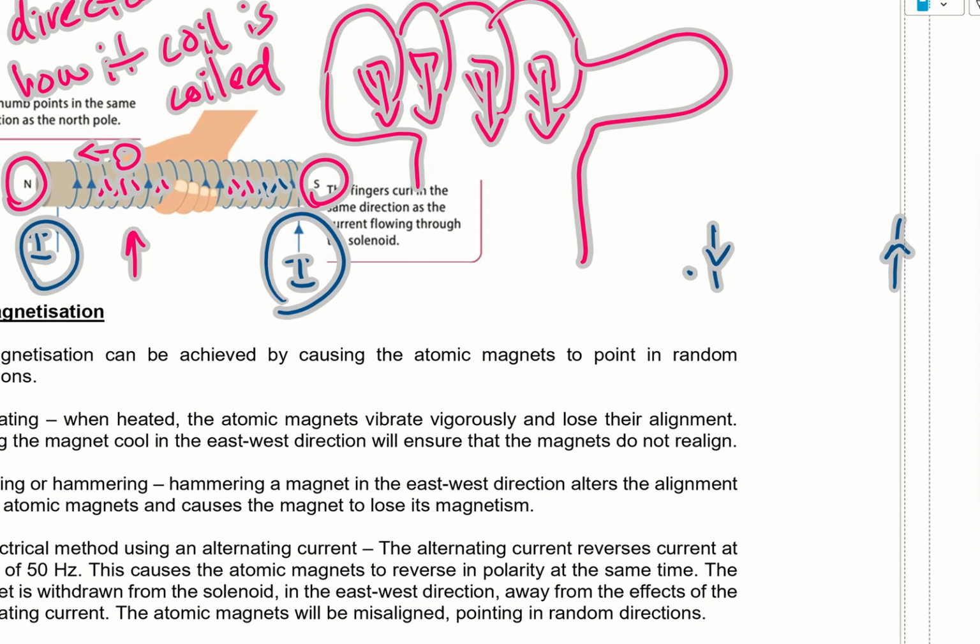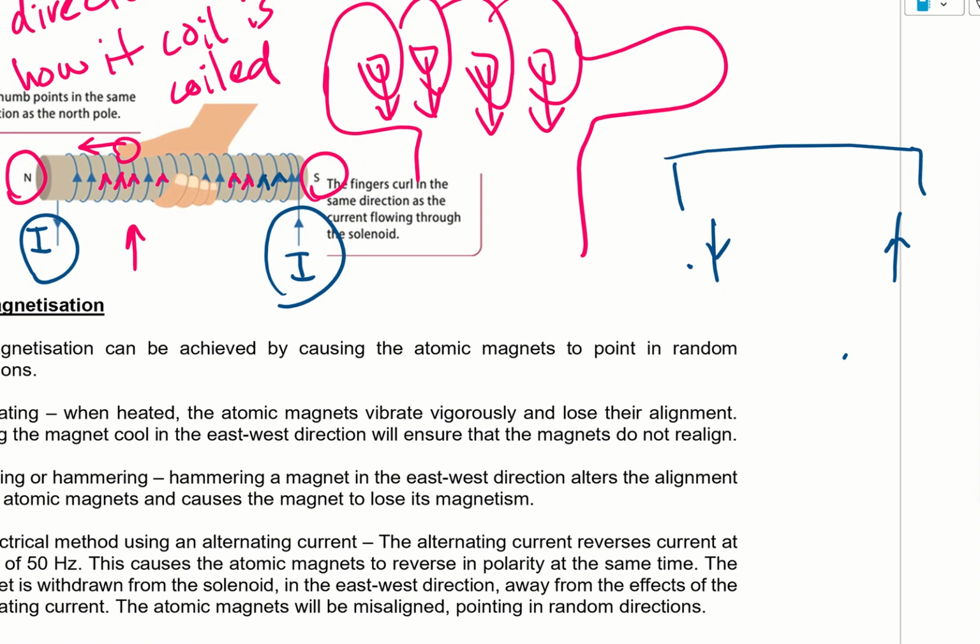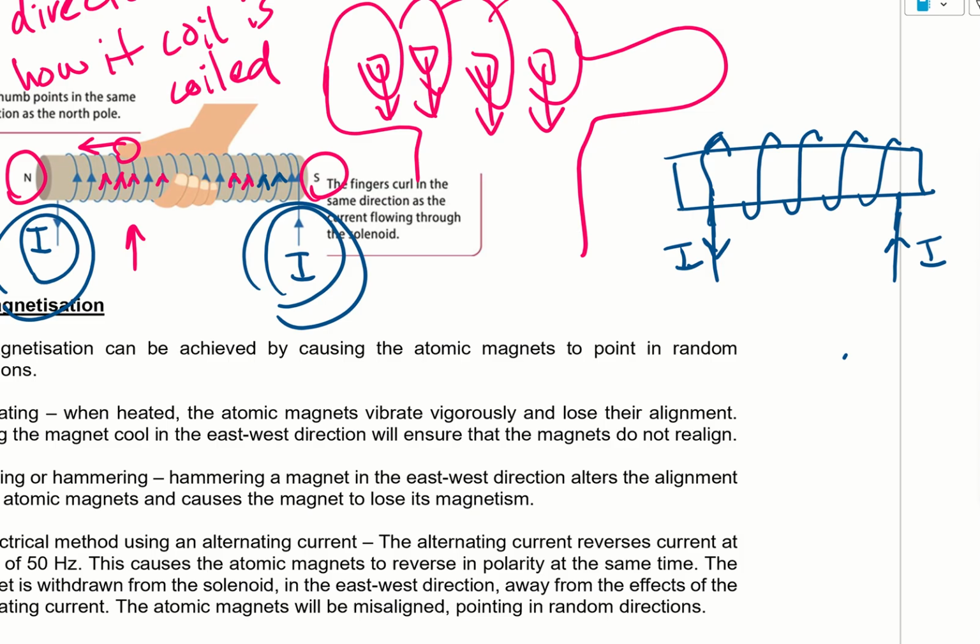But depending on how the coil is being coiled, as you can see, even though the current is in the same direction as this case, on the left hand side current is going down, on the right hand side current is going up, if I trace it and draw the very important direction of the current on the front part of the coil, now my current is actually facing downwards.